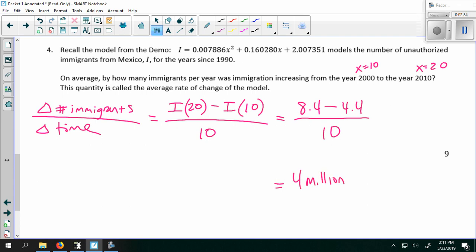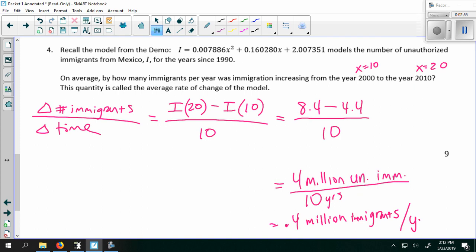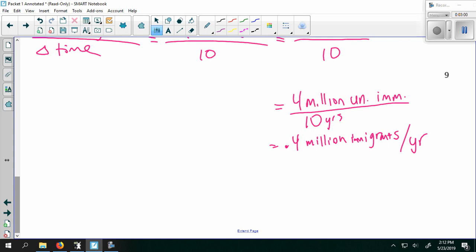4 million unauthorized immigrants over 10 years. So that would be 0.4 million immigrants per 1 year. 0.4 million per 1 year, which is the same thing as 400,000 immigrants per year.